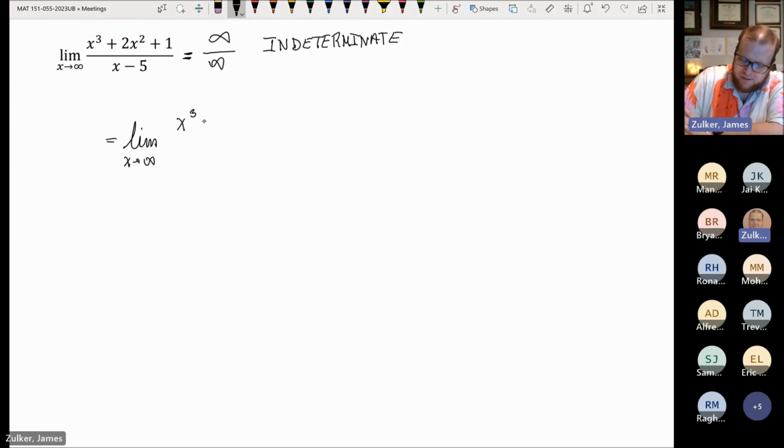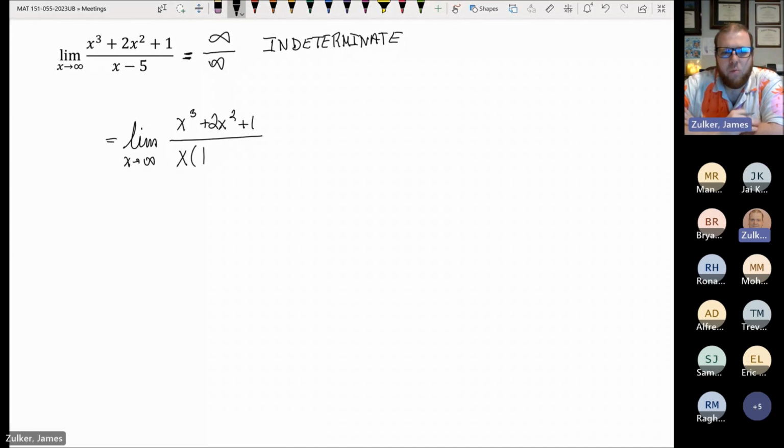Focus on the denominator. Since we're dealing with a polynomial, you want to factor out the largest term. Which is x. We're left with 1 minus 5 over x.